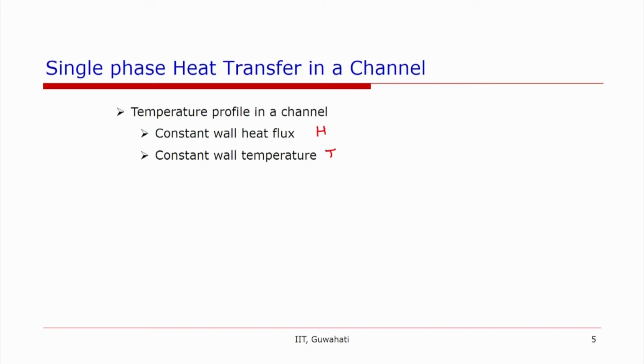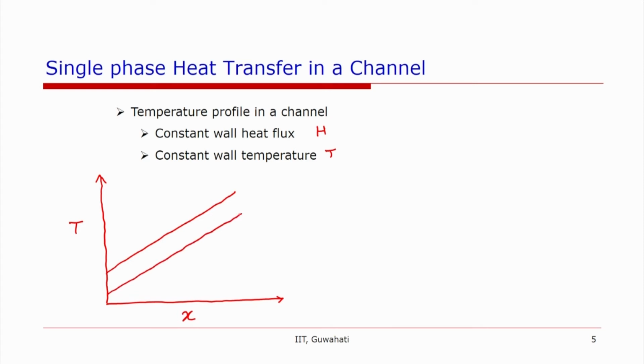So, in a constant wall heat flux case, as one can speculate, the temperature of the wall will be increasing and the temperature of the fluid will be increasing.